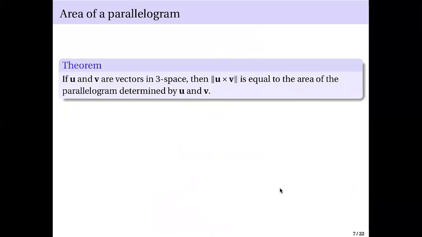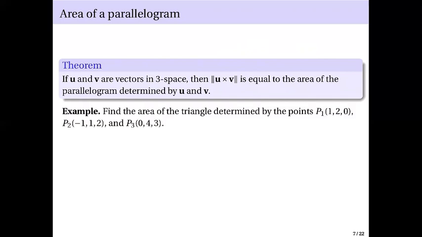If u and v are vectors in 3-space, then the norm of u cross v is equal to the area of the parallelogram determined by u and v. Okay? Let's look at this example.